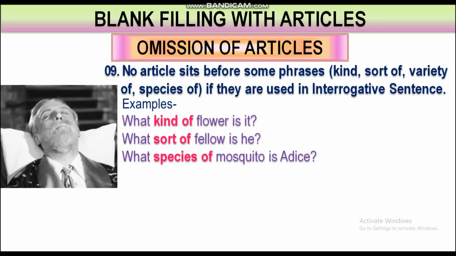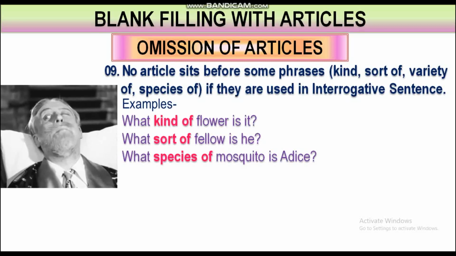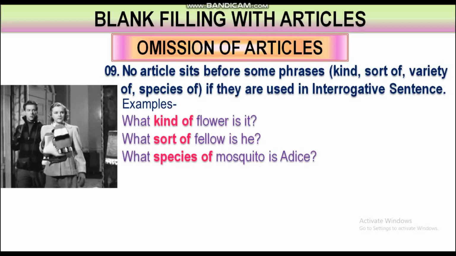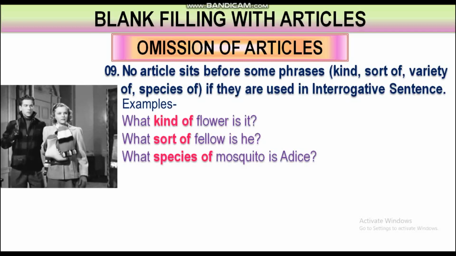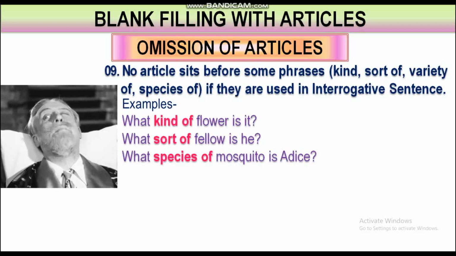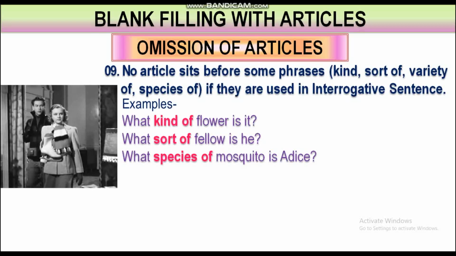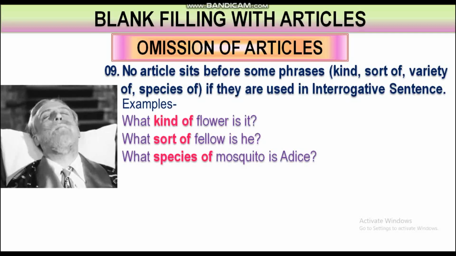What sort of fellow is he? What species of mosquito is Aedes? Here, all the sentences are interrogative, and that's why before the phrases kind of, sort of, species of, no article is used before them.